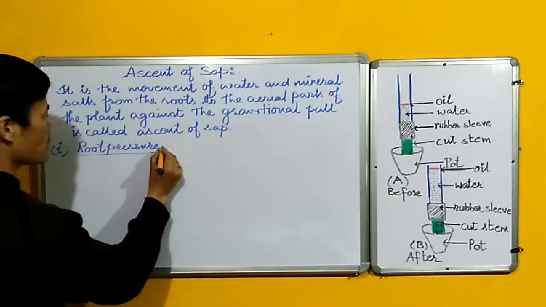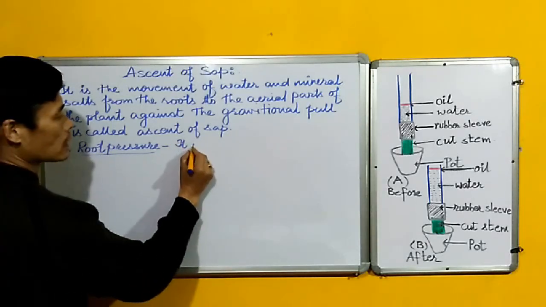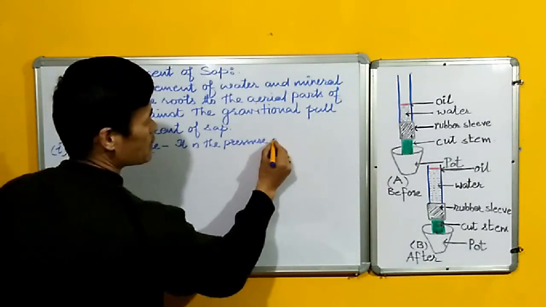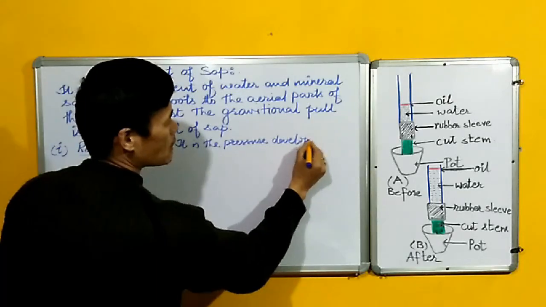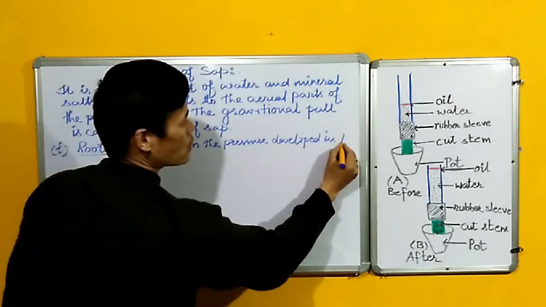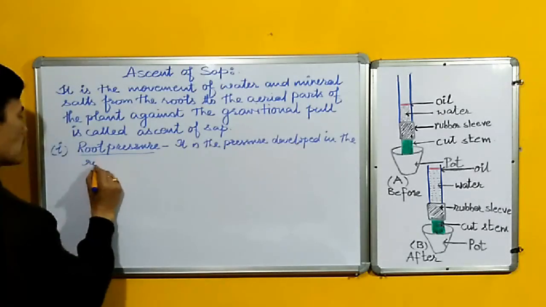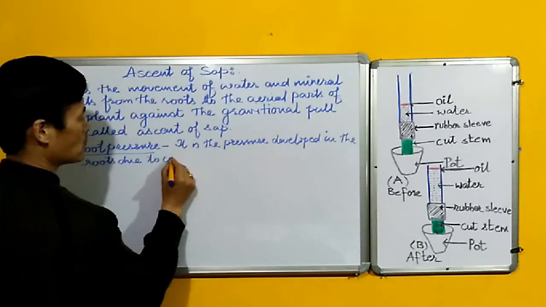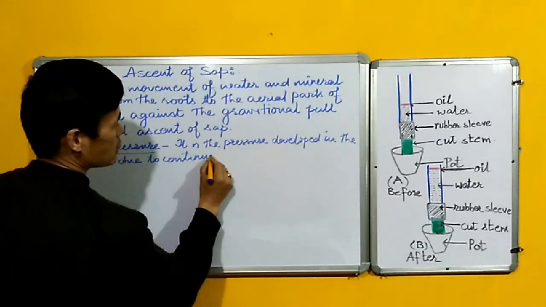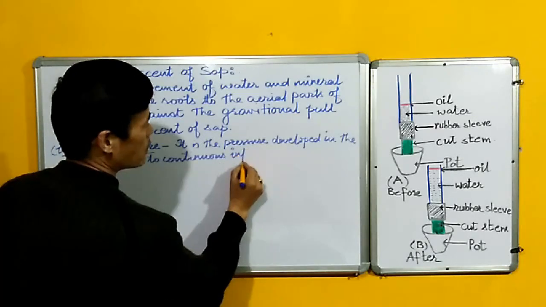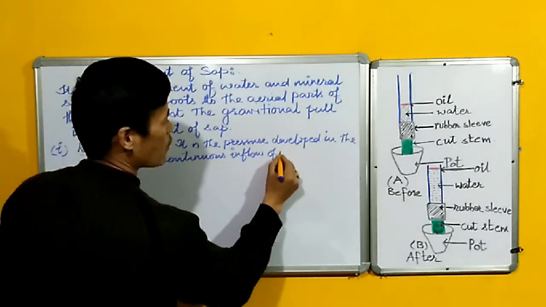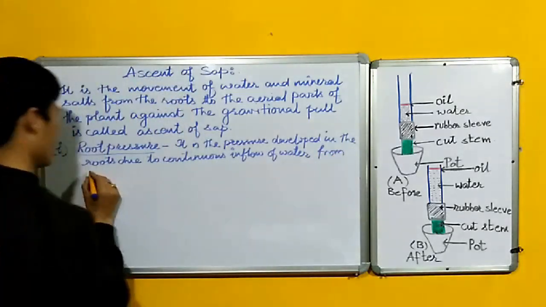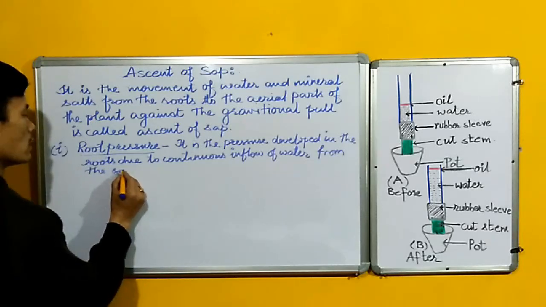The root pressure is the pressure developed in the roots due to continuous inflow of water from the soil.